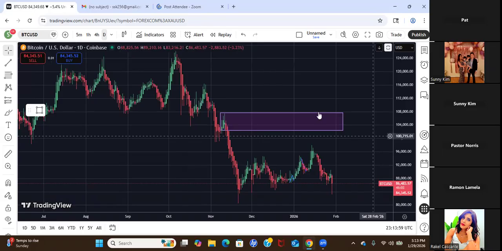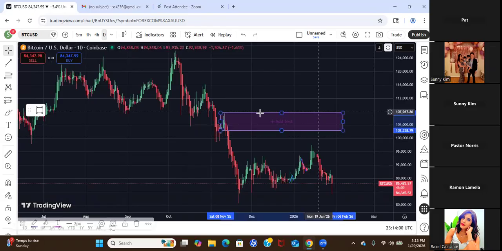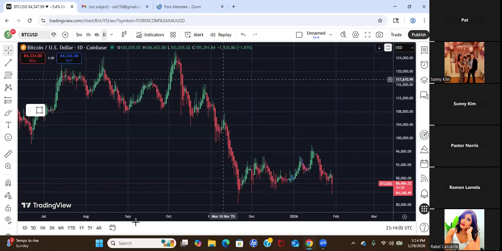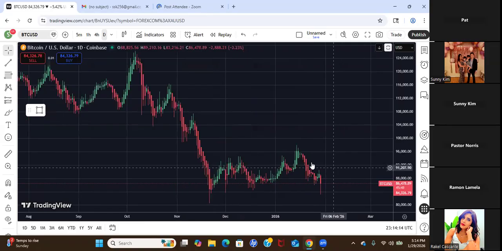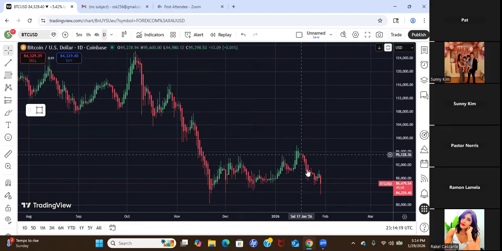Now, once you determine the trend on the weekly and the daily, start looking for your zones on the daily. So we look for the last green candle before the red volume candles.